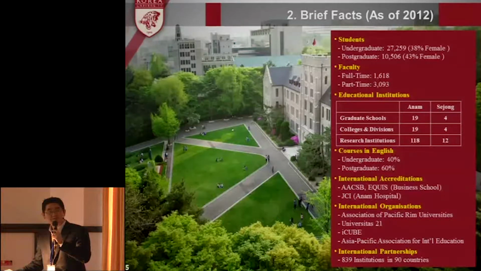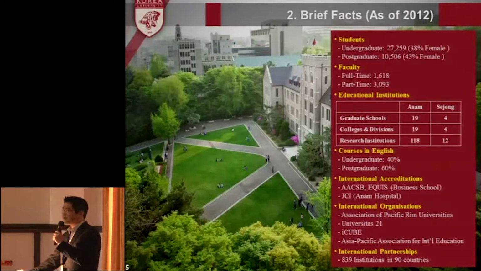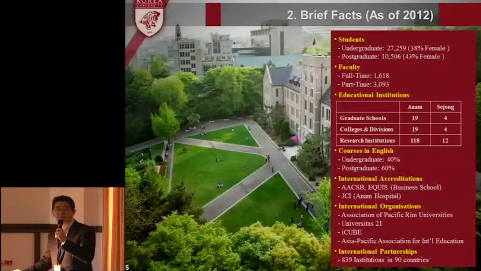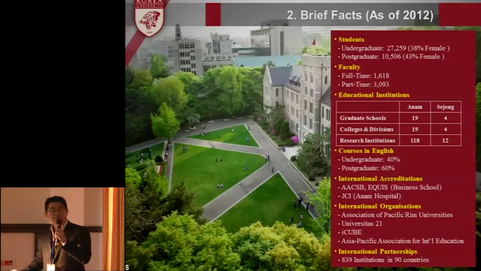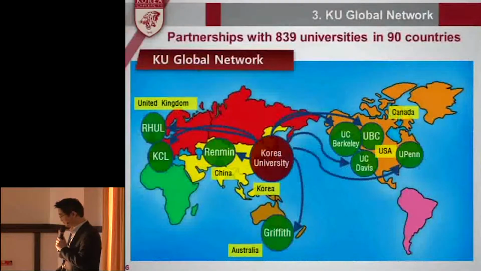Internationally, we are engaged in 4 major international associations of universities. First, the Association of Pacific Rim Universities, APRU, and Universitas 21, and ICUBE, an international consortium of universities for the study of biodiversity and the environment, and also the API, and we're currently hosting the API Secretariat on our campus.